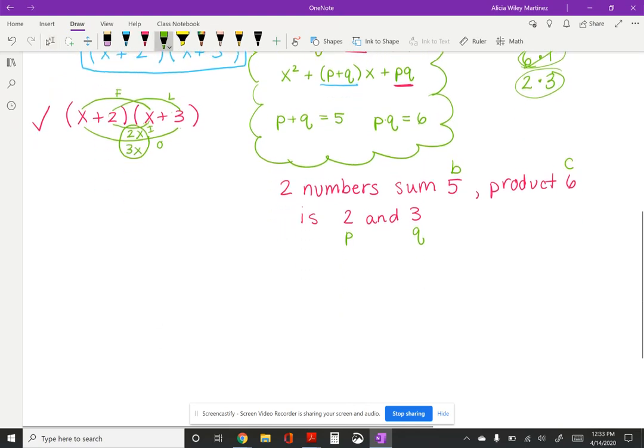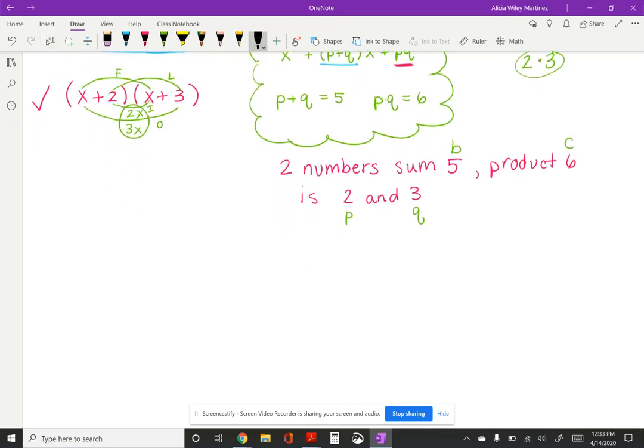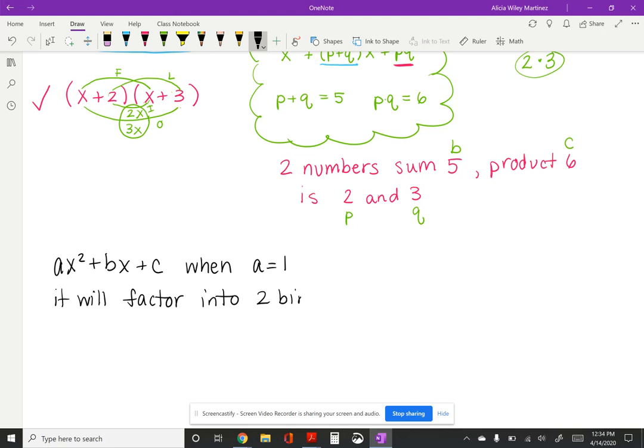So let's summarize this a little bit. If you have the form of ax squared plus bx plus c when a equals 1, you know that it will factor into two binomials.